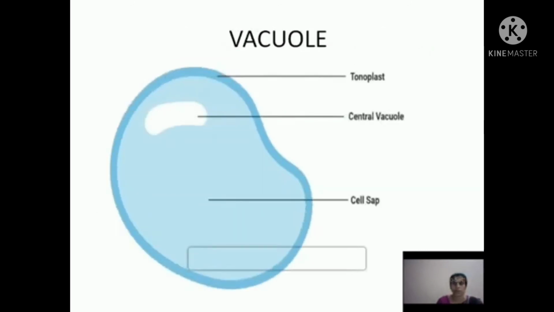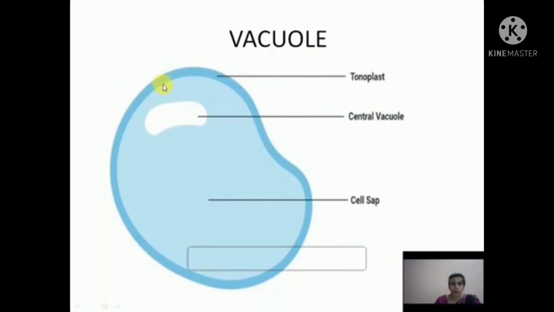Okay, and next is vacuoles. Next topic is vacuole. What is this vacuole? Vacuole means a cavity. This cavity is present inside the cell, especially in the plant cell. In an animal cell it may be present or not.